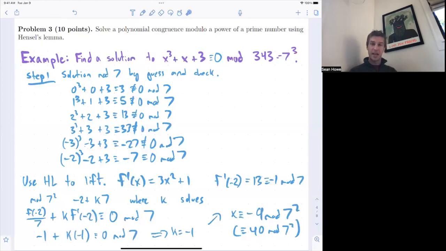On the exam, the power of the prime that appears will be no higher than 3. If it is 3, it'll be set up so that the numbers work out pretty nicely, so that the last step, where you have some 3-digit numbers appearing, ends up being pretty simple, like all of the arithmetic.